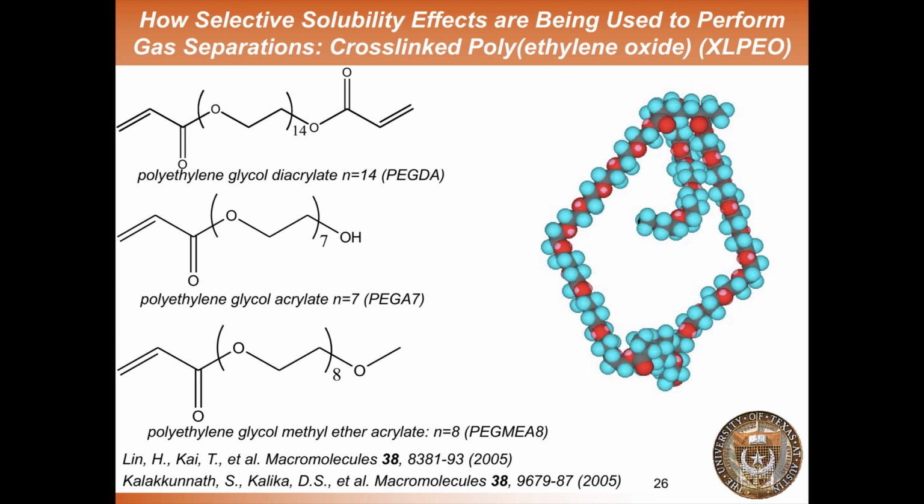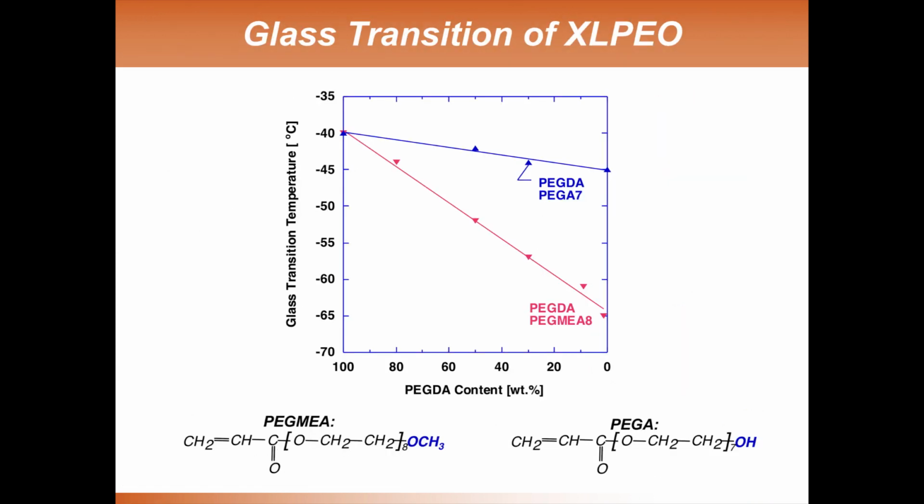And so if the length of this run of ethylene oxide gets much greater than 14, say up to 20 or 25, there'll start to be some crystallinity in these materials, and the transport properties will suffer. And so by controlling the length of these PEO side units to about 14, crystallinity is avoided, and is very good for transport properties.